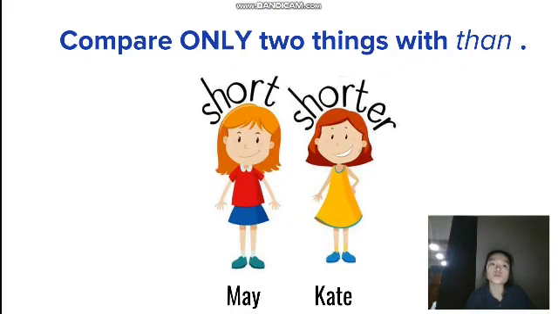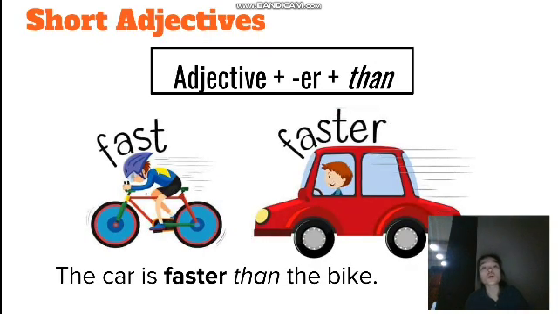Comparative is to compare only two things. For example, May is short, but Kay is even shorter than May. When you use a short adjective to compare two things, add er after the adjective plus than.